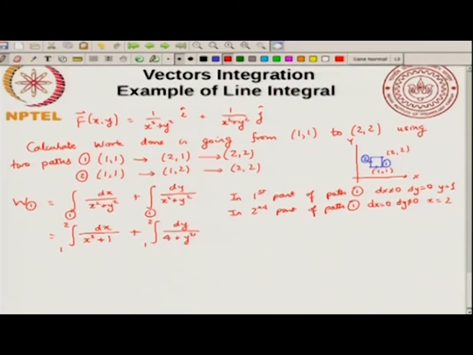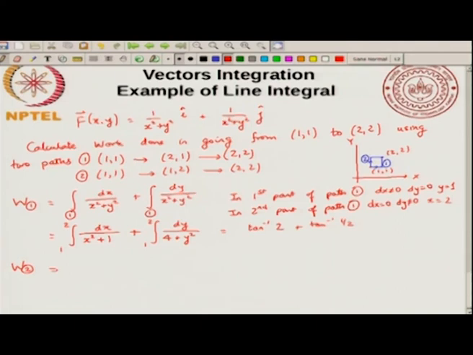So you can do both these integrals, okay, both these integrals are related to tan inverse. Okay. So this is nothing but equal to tan inverse, in this case it will be tan inverse of 2, in the second case it will be tan inverse of half. Okay. So it is a sum of these two is this. Now in the second path you will get again very similar things.